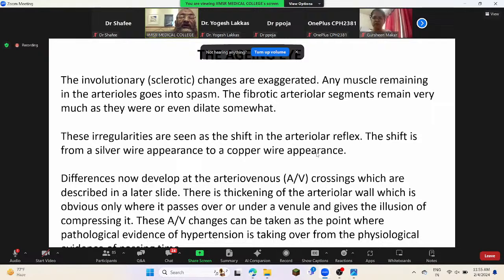Differences now develop at the arteriovenous crossings, which are described in a later slide. There is thickening of the arterial wall, which is obvious only where it passes over or under a venule and gives the illusion of compressing it. These AV changes can be taken as the point where pathological evidence of hypertension is taking over from the physiological evidence of passing time.